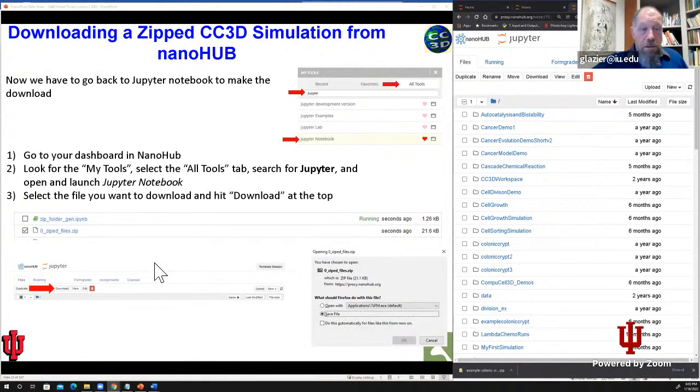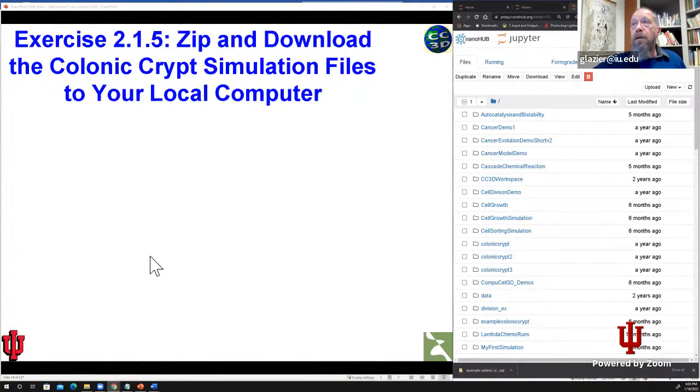Again, this is specific to nanoHUB. If you're running locally, you won't have this issue. Okay. Anybody need help before we move on? Okay.